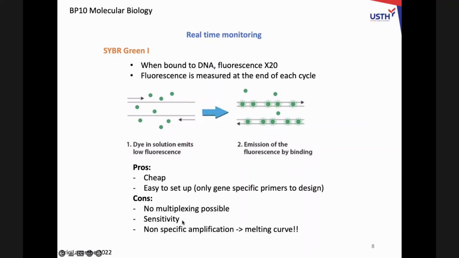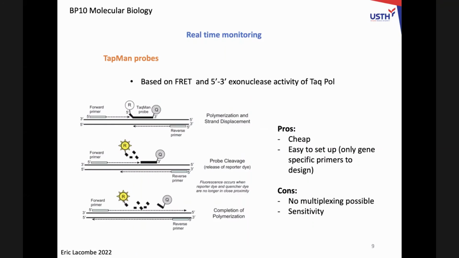Another con, some people say that it is a little bit less sensitive than other strategies, but it's very, very sensitive, don't worry. And there is a little drawback, which is that there can be non-specific amplification. Okay, I'll show you what a melting curve is after that.